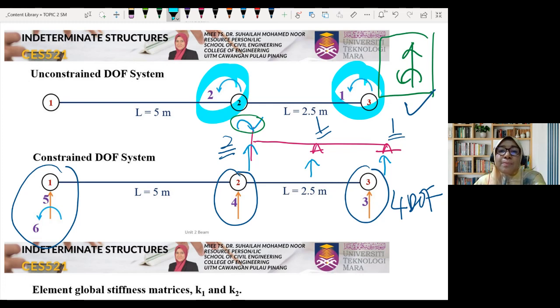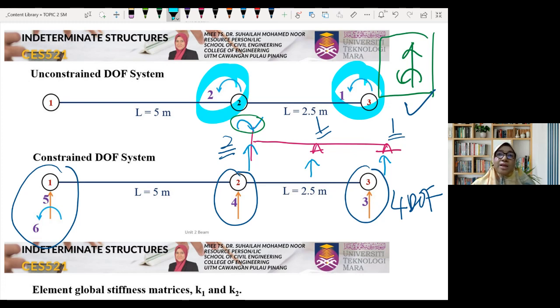So when we label, we need to label the unconstrained system first. So we put 1 and 2 in the unconstrained system, followed by 3, 4, 5, 6 in the constrained system. The reason to do this is, as I mentioned, the unknown displacement is the first outcome, and we will use this unknown displacement to calculate the unknown reaction in the constraint system.